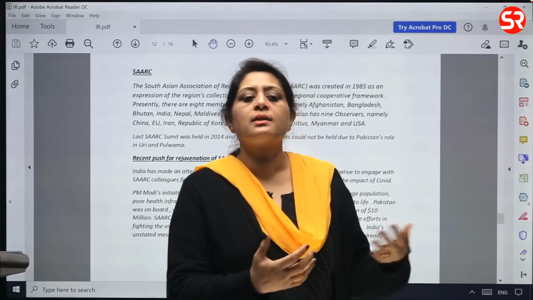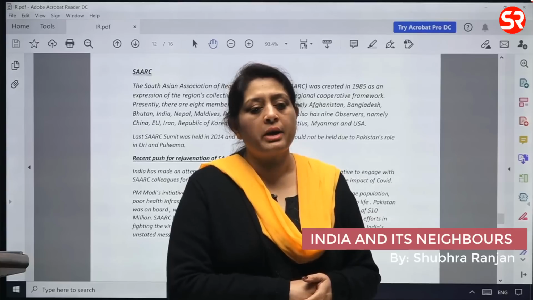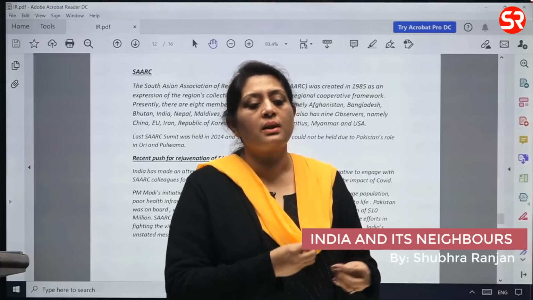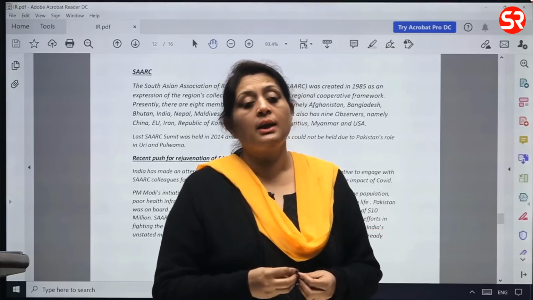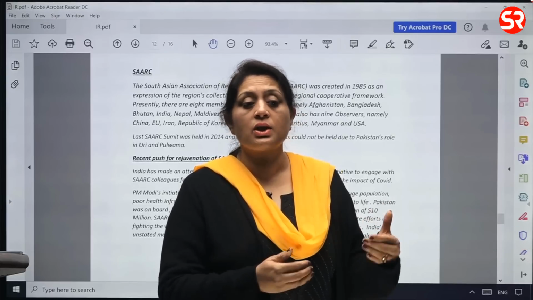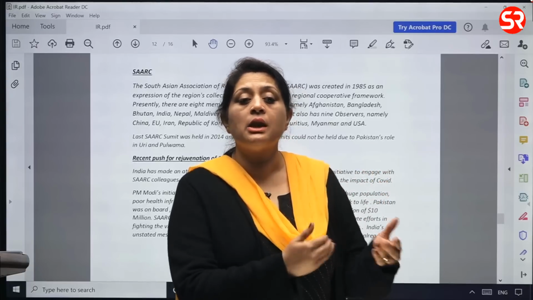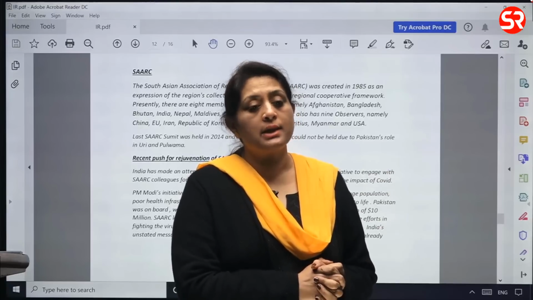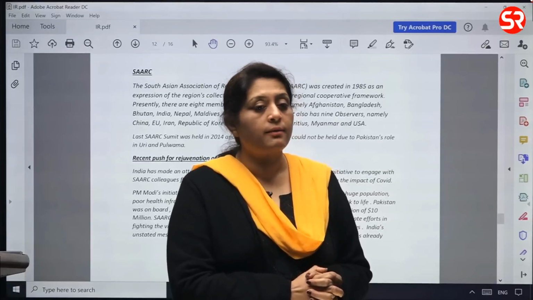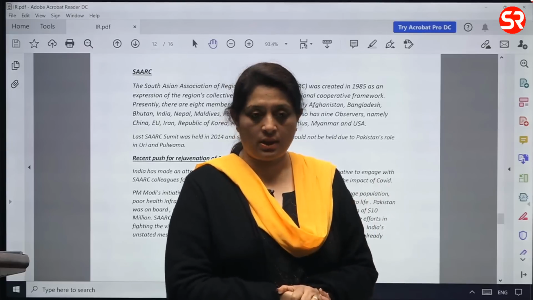The other reason SAARC is the least integrated is trade: only 5% is intra-regional trade. On the other hand, in Southeast Asia, 27% of trade is internal. In Europe, 60% of trade is internal. So it is least integrated, despite poverty, malnutrition, and an urgent need.